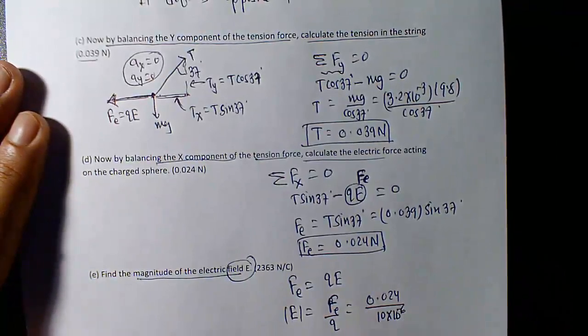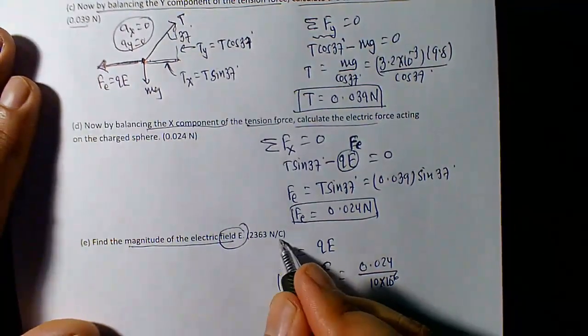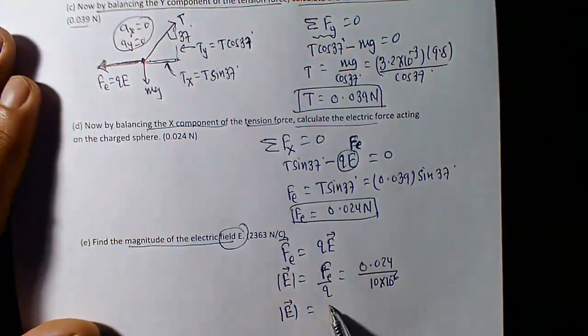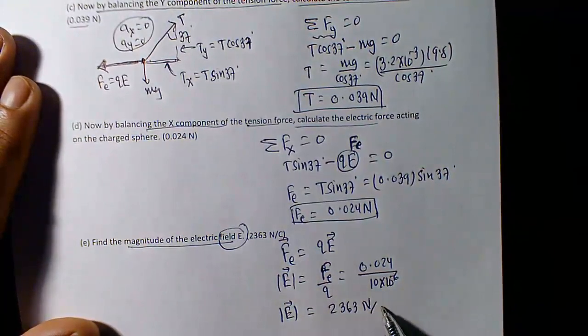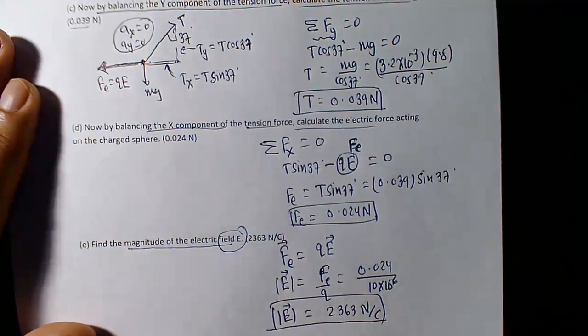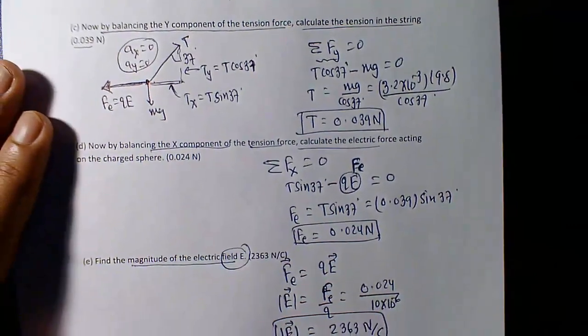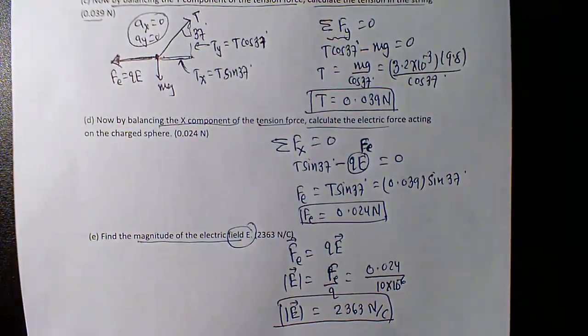Micro means this. If you do that, 2363 newtons per coulomb should be the answer. Okay, that's how you solve problems like this.